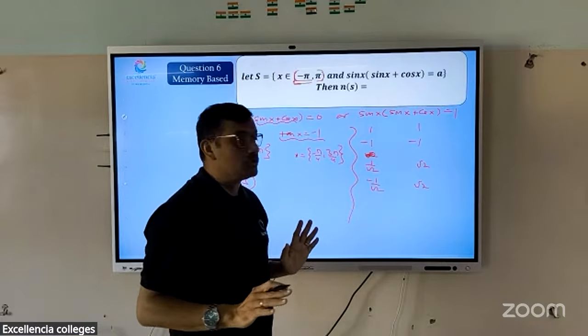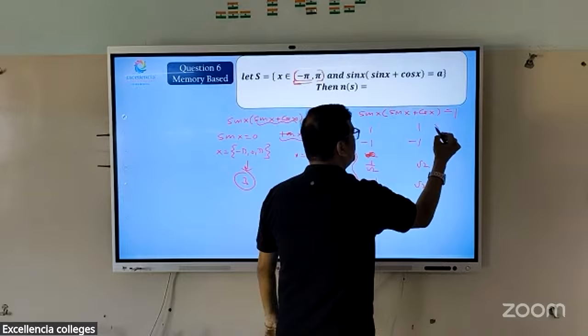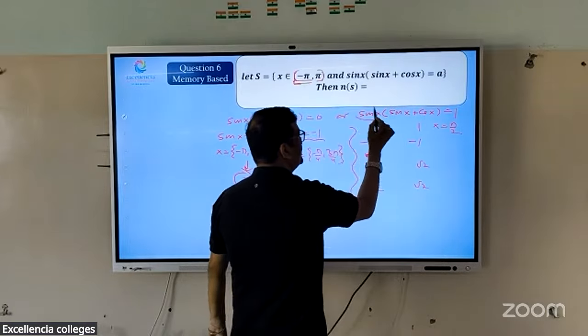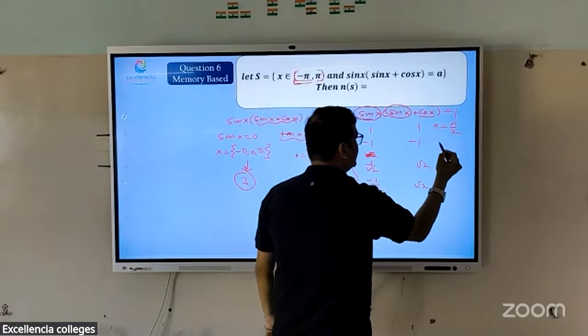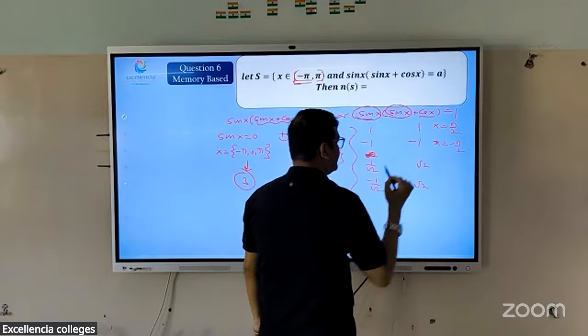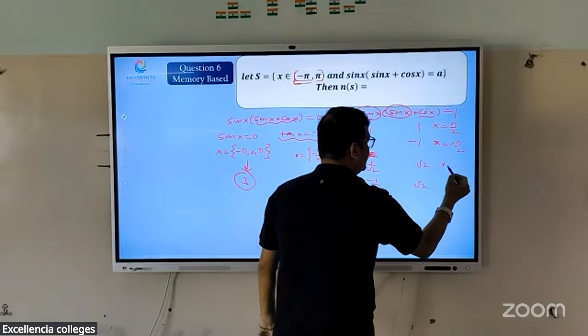These are only two values, right? 1 gives x equal to minus 5, and 1 by 2 gives x equal to 5.